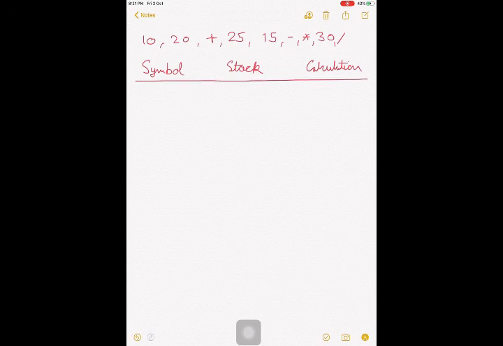So these are the 3 columns. Here the first column should be smaller in size, and the stack should be a bit larger.